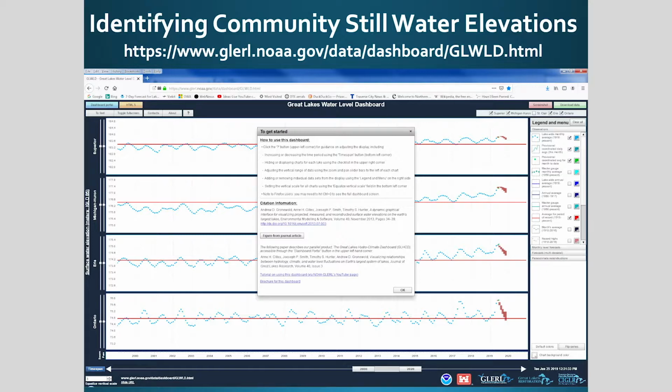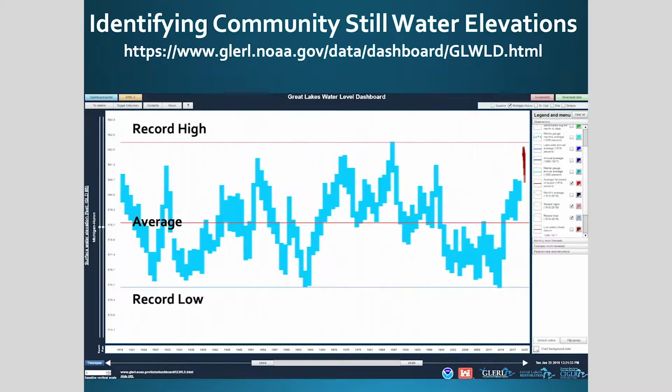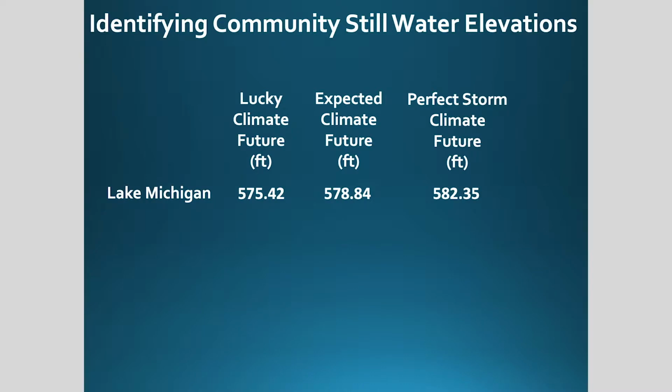Over here on the top right, we want to get rid of Lake Superior, Lakes Huron, and Ontario, so all we're left with is just a graph of Lake Michigan. And again, over on the right-hand side, we check a couple boxes to do the long-term average line, the high, and the low. Depending on what version you have, this particular thing is a flash player, so you can hover on a line and get those elevations, which are these right here.